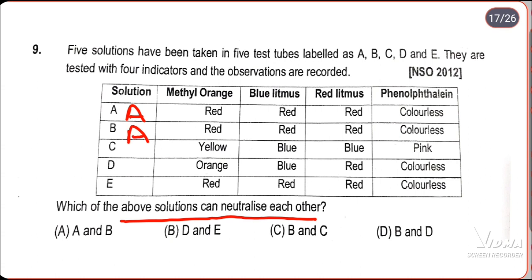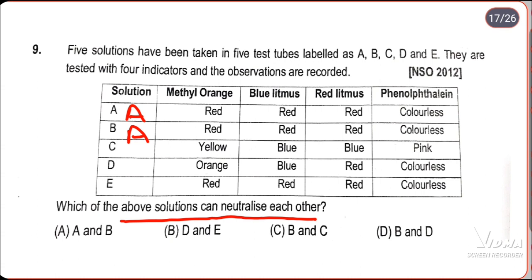Next, methyl orange to yellow, blue litmus to blue, red litmus to blue and phenolphthalein to pink is the change in bases. When base is added to methyl orange, it turns yellow. If base is added to blue litmus, it turns blue. If base is added to red litmus, it turns blue, and in phenolphthalein it turns pink.